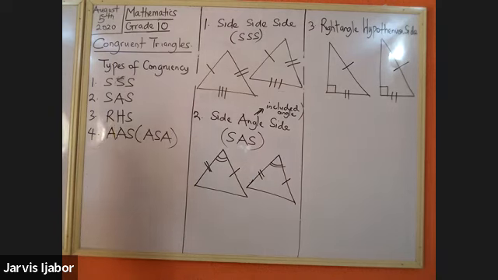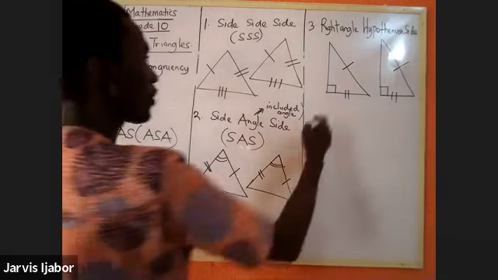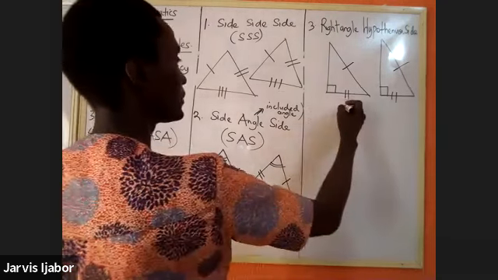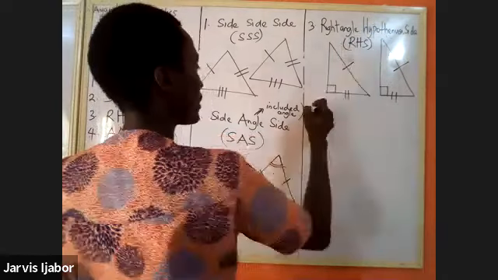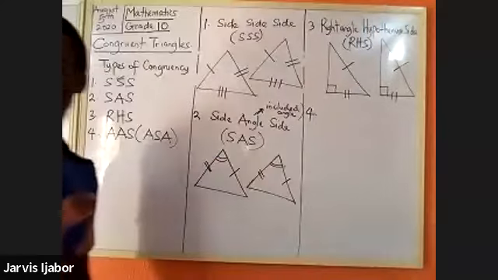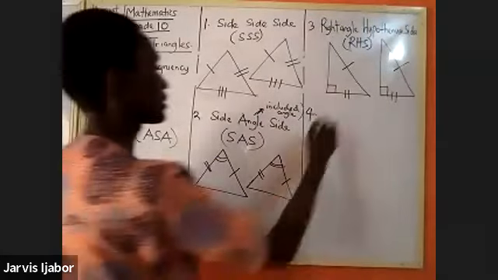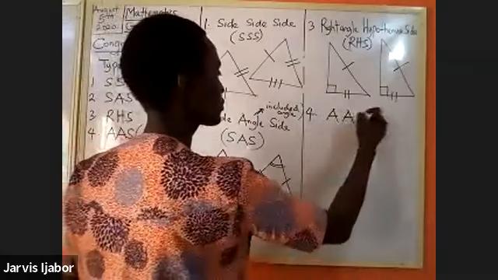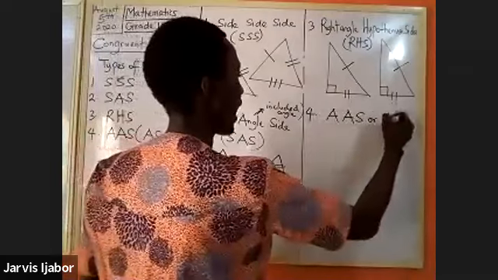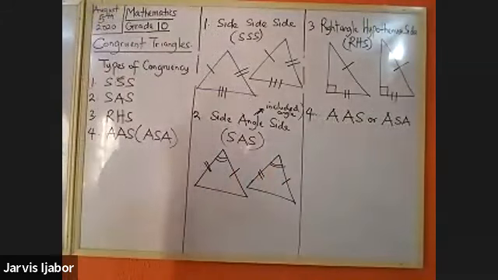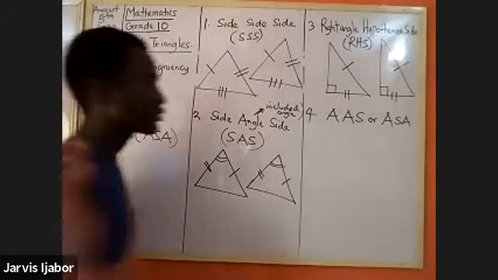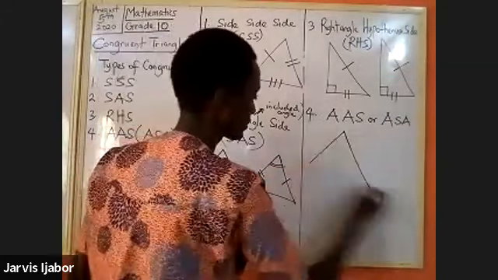Now the next one is number 4, which is really written as RHS. Now the fourth one, what's the fourth one? Angle, angle, side, or angle, side, angle. Whichever way you look at it, it is the same answer you're going to get. So look at this.